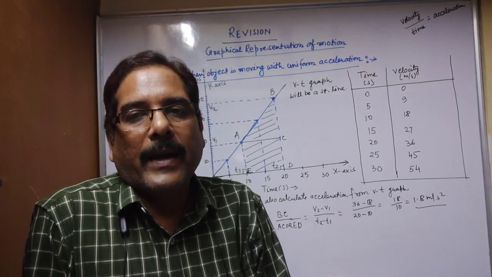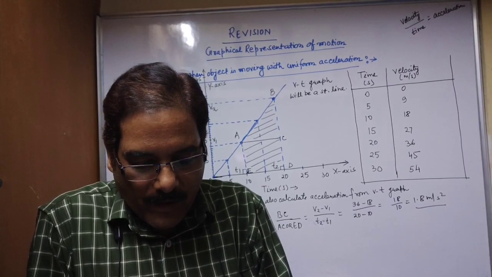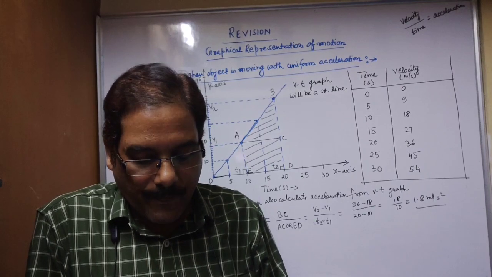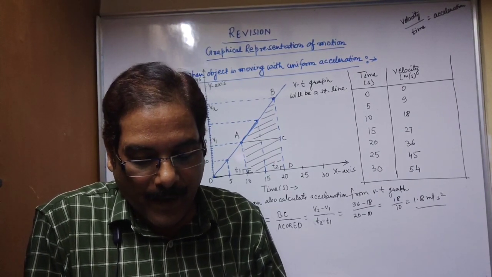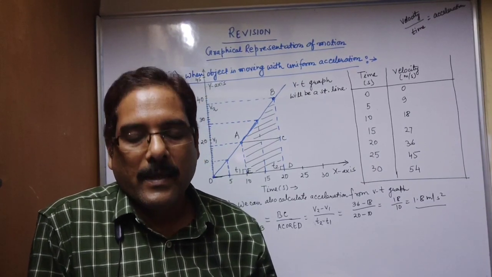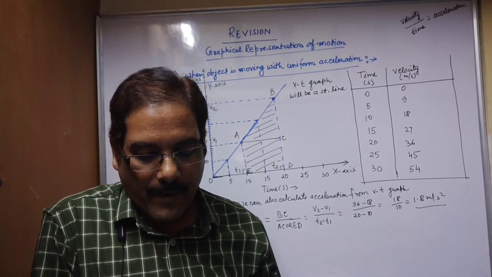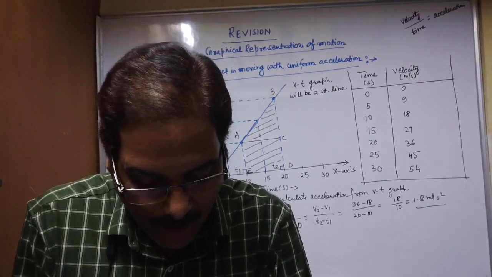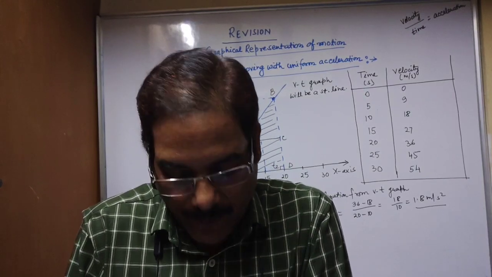Now there are a variety of velocity time graphs. There are so many types of velocity time graph. Two more diagrams are given in your book, figure 8.7a and 8.7b. For example, in 8.7a, the velocity is uniformly decreasing. So this is an example of uniform retardation, isn't it? And in the second case, the velocity is non-uniform.